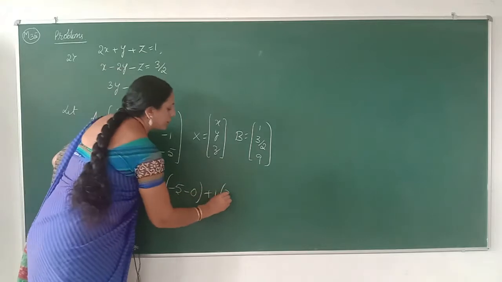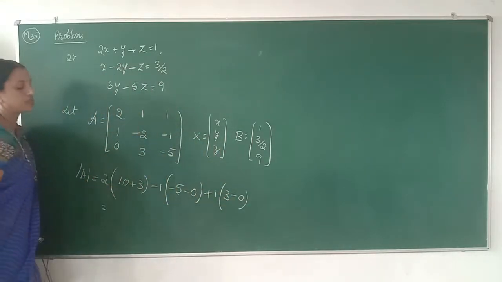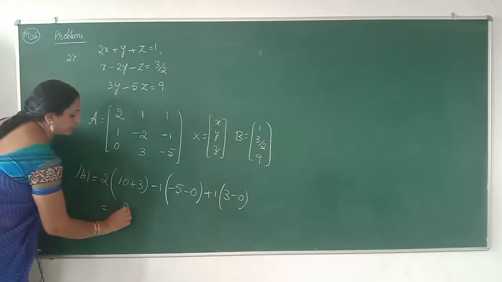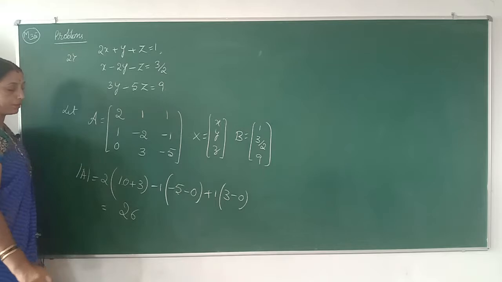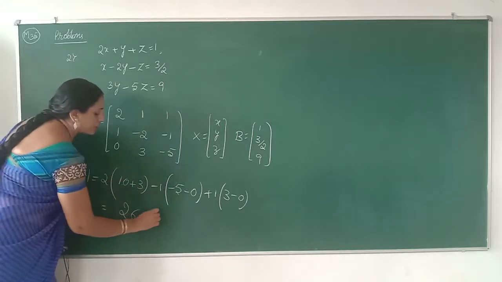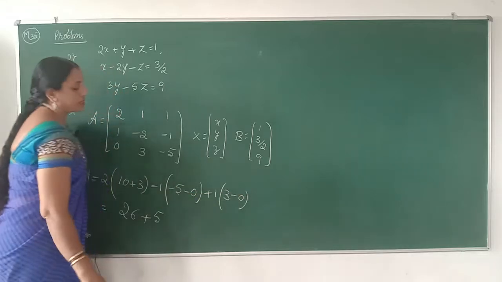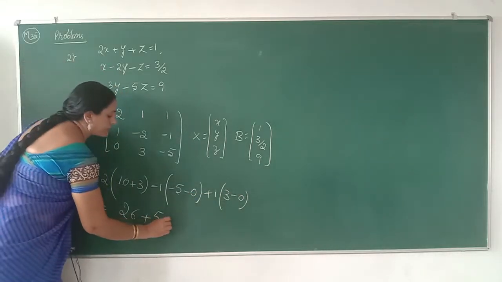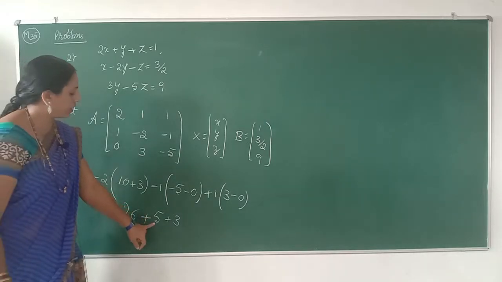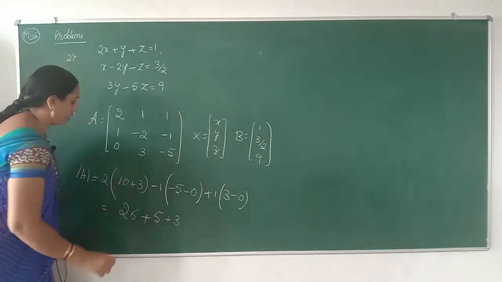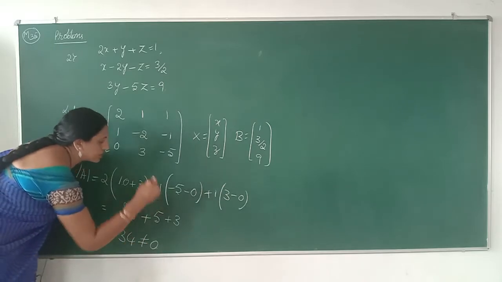Remaining is 3 minus 0. That is 10 plus 3 is 13. 13 into 2 is 26. Minus 5 minus 0 is minus 5. Minus into minus is plus 5. 3 minus 0 is 3. 3 into 1 is 3. So 26 plus 5 is 31. 31 plus 3 is 34. Again it is not equal to 0.